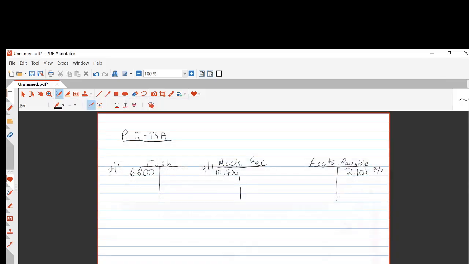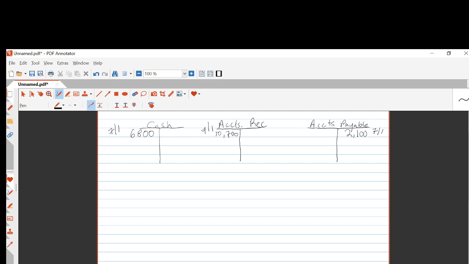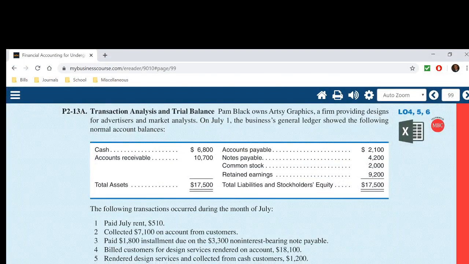And we have notes payable. And then common stock. And then retained earnings. I'll just abbreviate it, retained earn. And notes payable is $4,200, credit balance. Common stock, $2,000, credit balance.